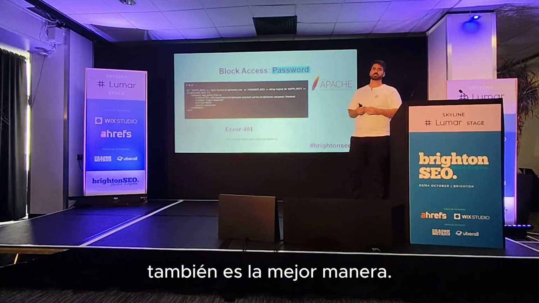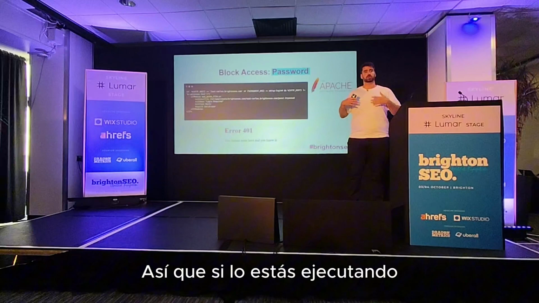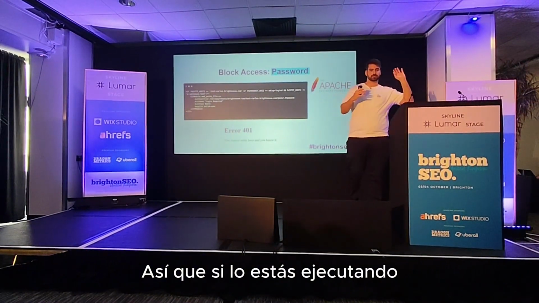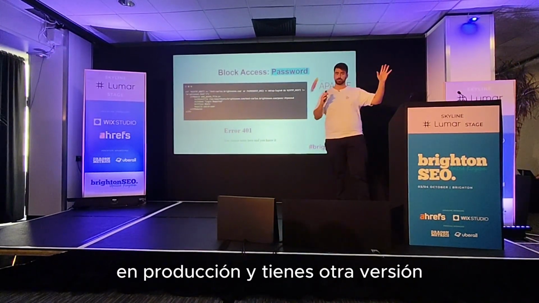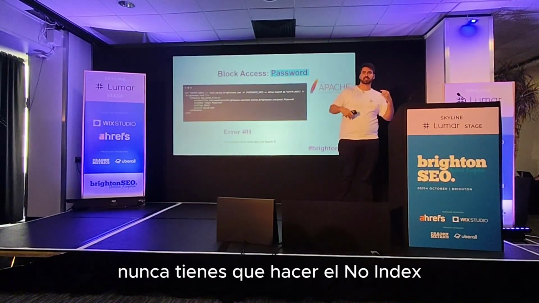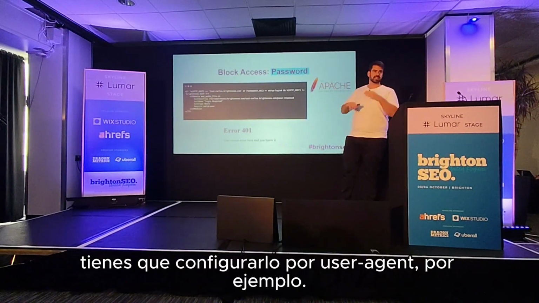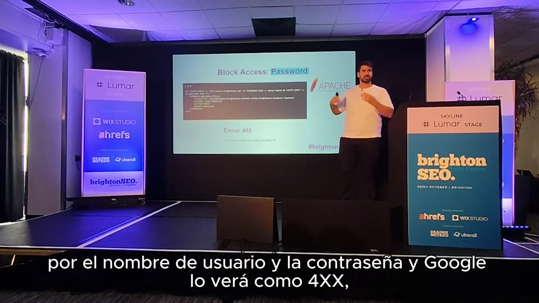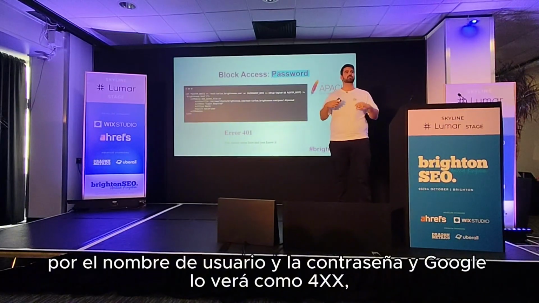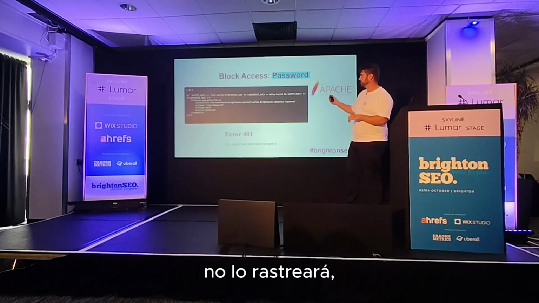It's also the best way to make a development version of a website. So if you are running it in production, and you have another version, you never have to use the noindex, you never have to do it with robots.txt. You have to set it by user agent or, for example, by login and password, and Google will receive a 400, so it will not index, it will not crawl.